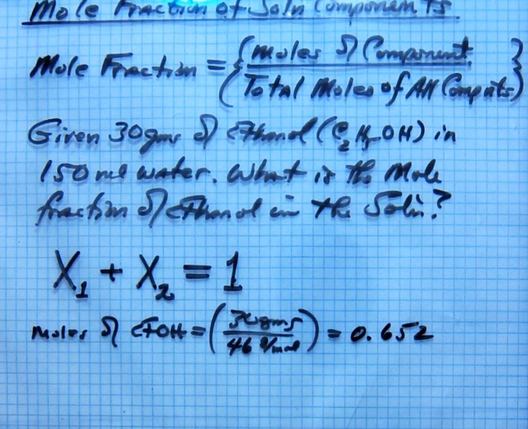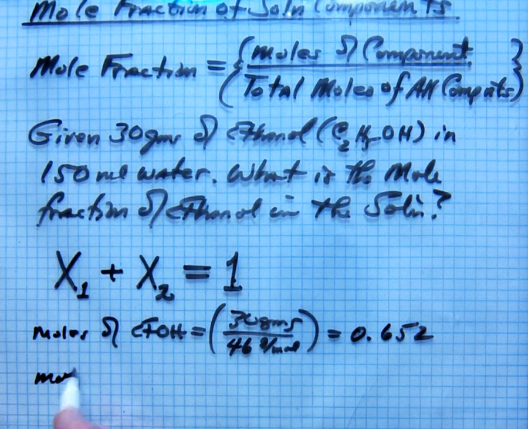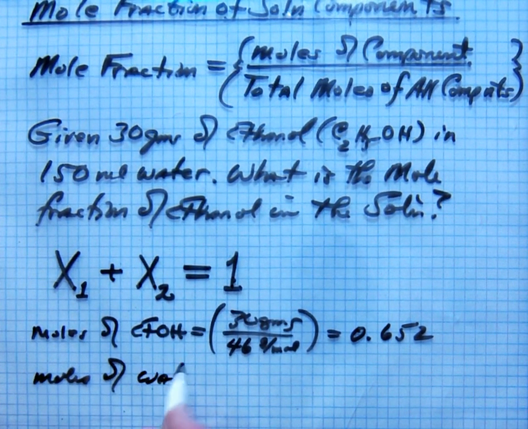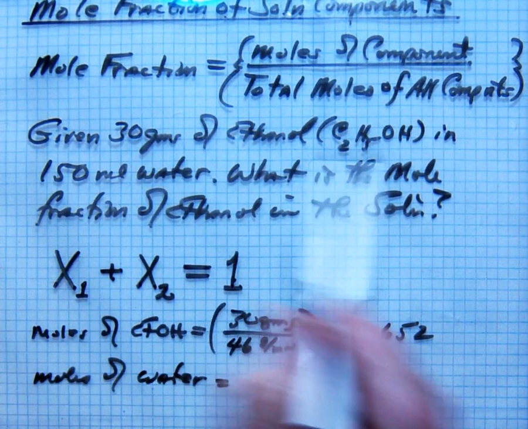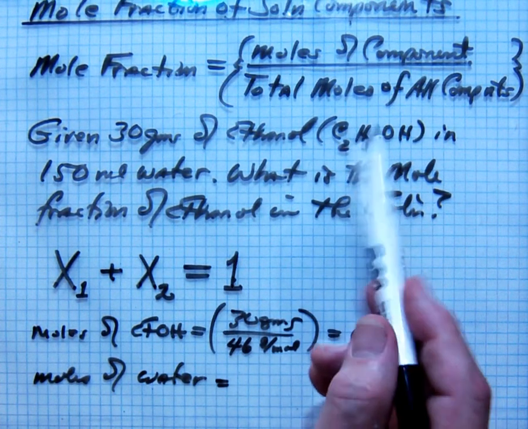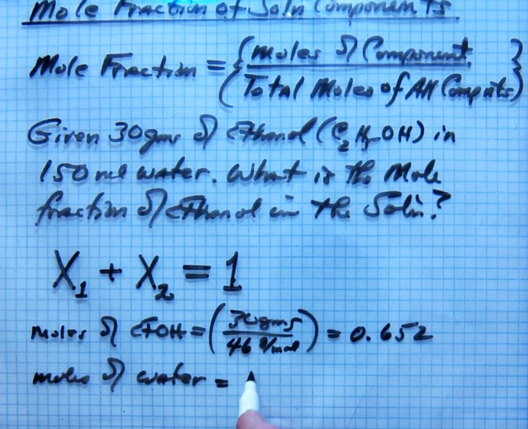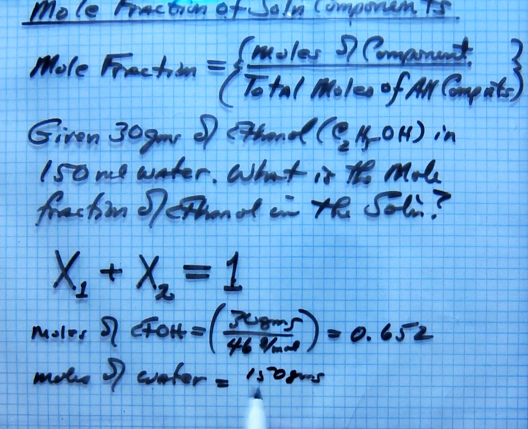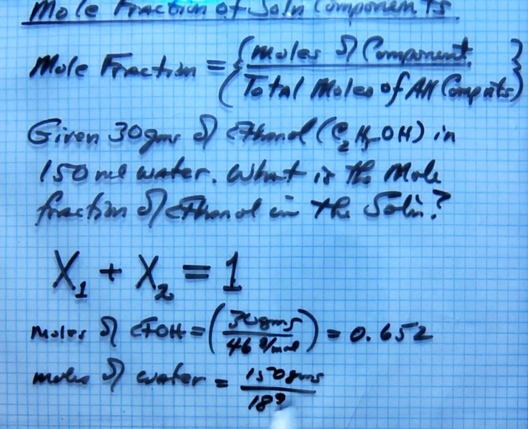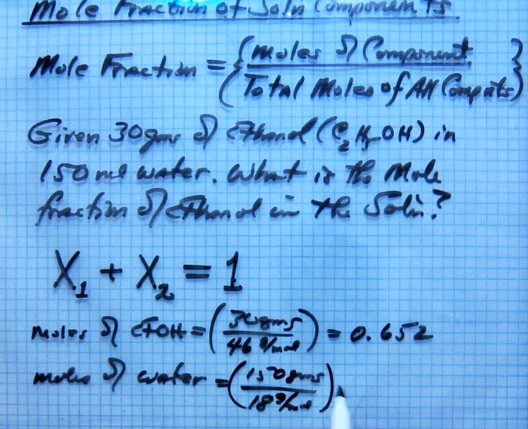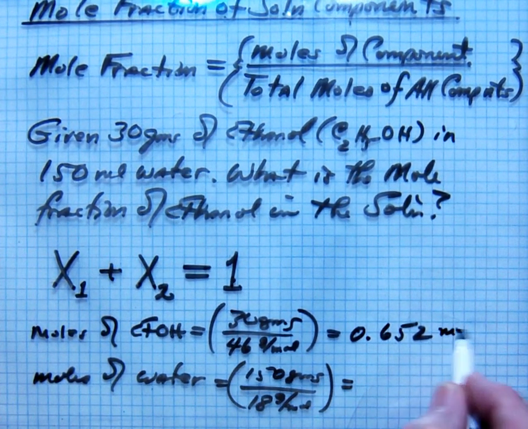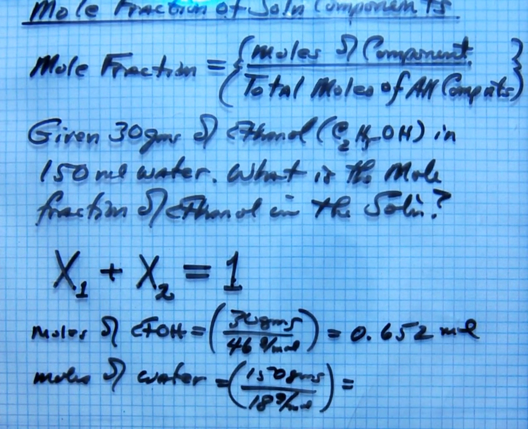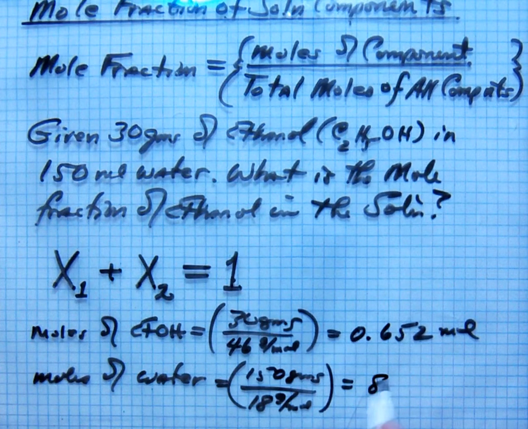0.652. Good enough. Okay. The moles of water: we have 150 grams. The formula weight of water is 18 grams per mole, so we have 150 divided by 18, which is 8.333 moles.